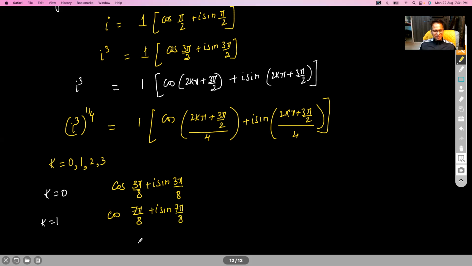Is it fine? If I put k value as 2, check for yourself. You will end up getting cos 11 pi by 8 plus I sine 11 pi by 8. Unnecessary bracket here, so I'll just remove it.